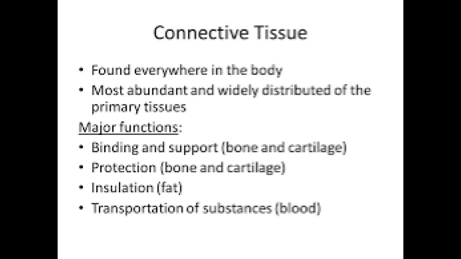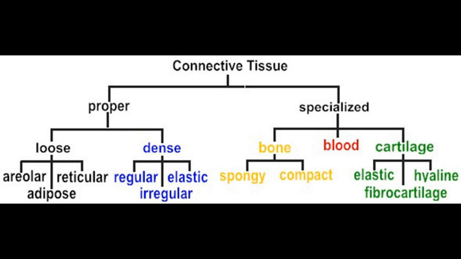Connective tissue supports structures that surround it and is divided into areolar, adipose, and reticular. Areolar is the most common connective tissue, found all over your body. We can find areolar under your epithelial tissue, wrapped around your organs.